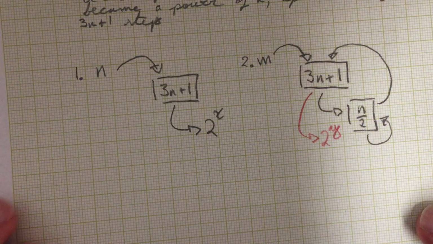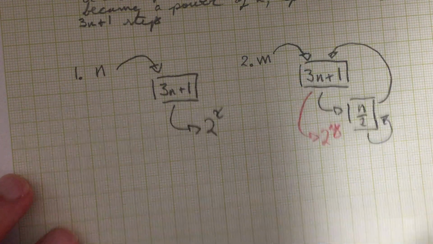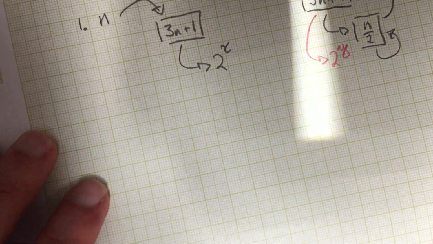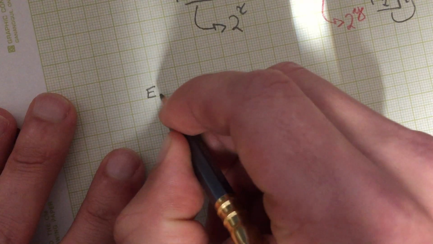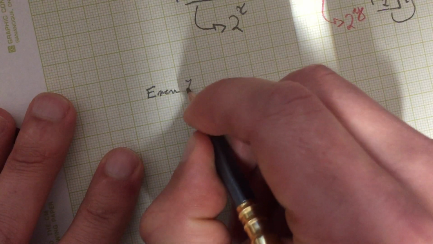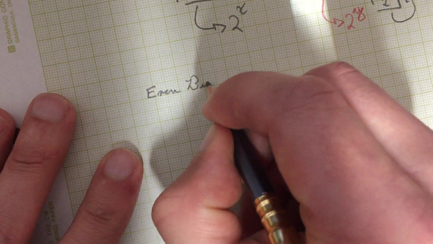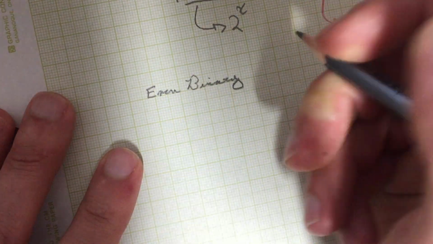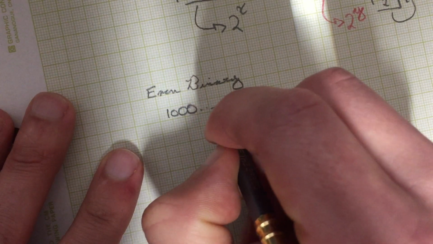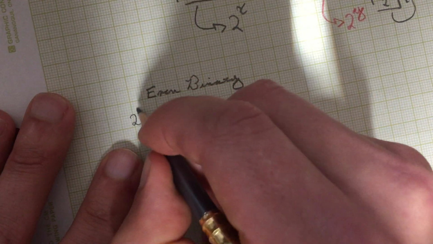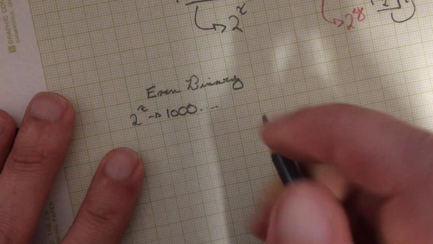And the reason I'm focusing on the odd function right now is because if we look at our even binary numbers, there were two classes, right? There were our powers of 2, which is 1 with some string of zeros after it.